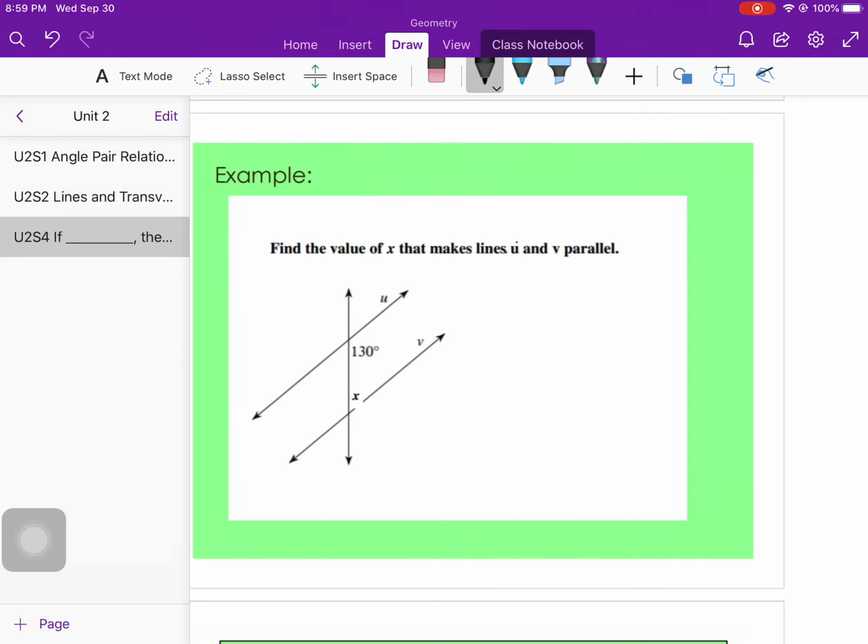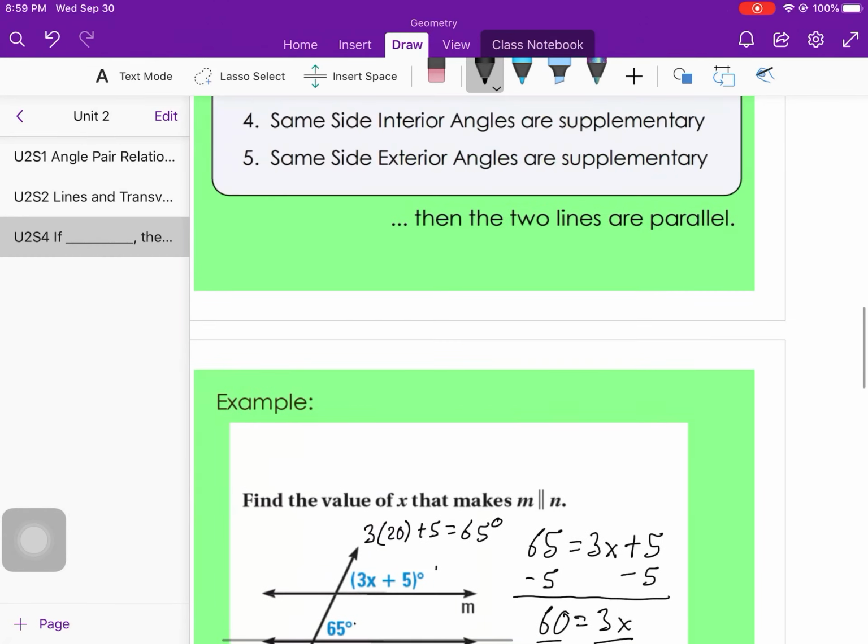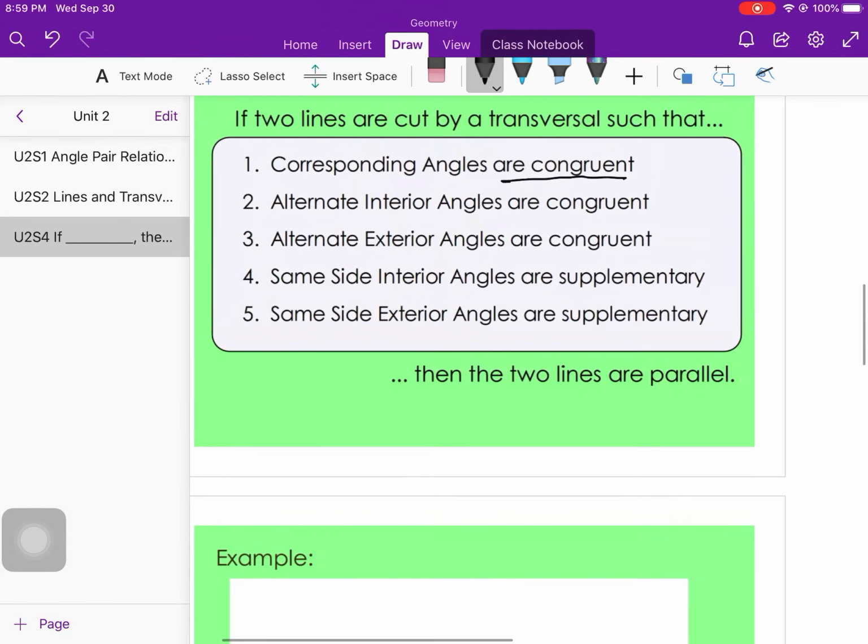So first things first, recognize what relationship you have between the 2 given angles. So this angle and this angle, those are both on the same side of the transversal, and they're both inside. So this is same side interior angles. So we should be thinking same side is supplementary.